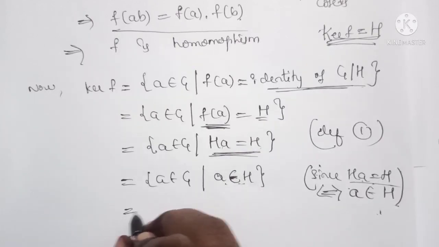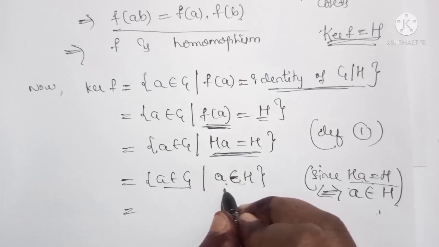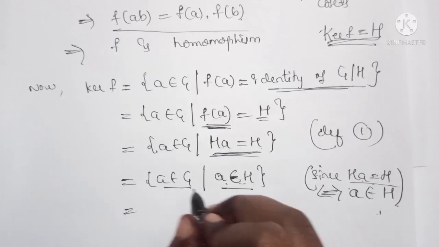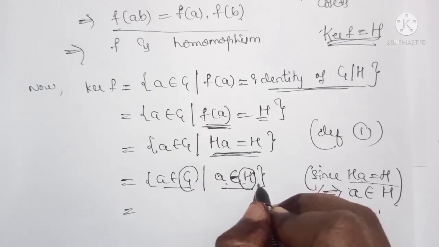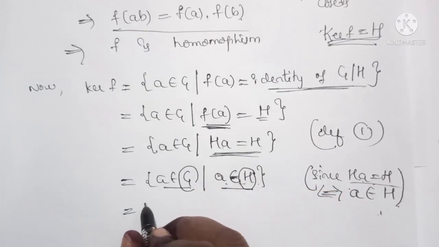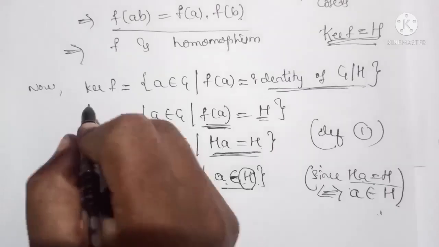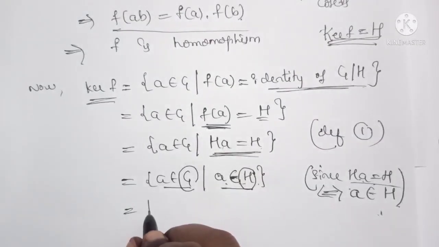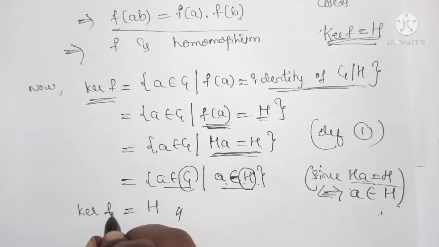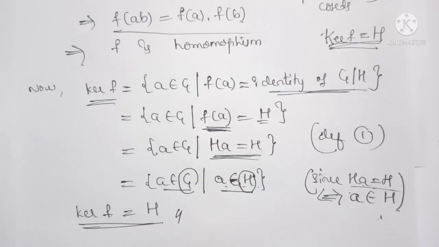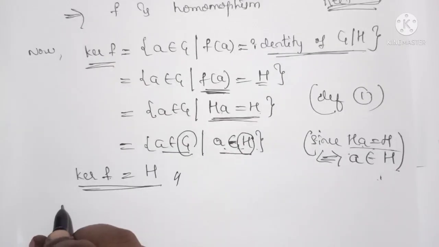Since a belongs to G implies that a belongs to H, we can say that G equals H. So that means we can say that kernel f equals H. Hence the proof.